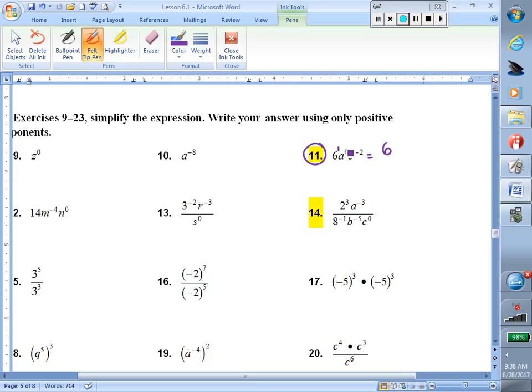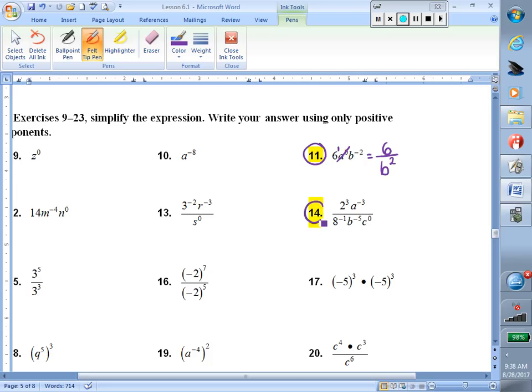A to the 0 power just equals 1. If you want to go ahead and cross that out, you can. It's just a 1. B to the -2nd power, I need it to become a positive 2, so I'm going to move it down to the denominator. Positive exponents stay put. Negative exponents need to move.